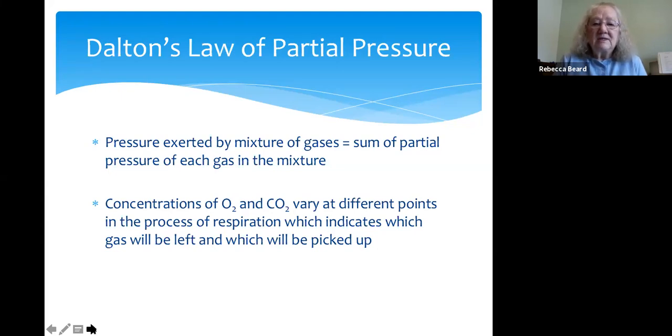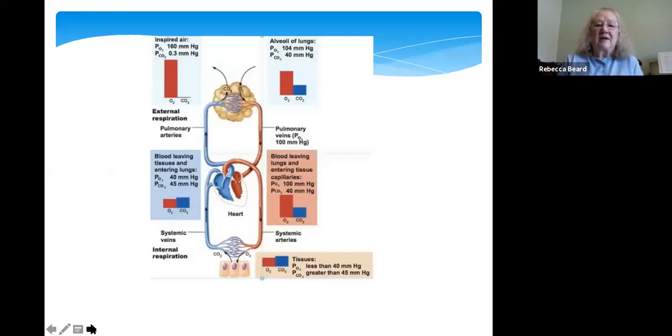So the particular gases that we look at when we're talking about the respiratory system, of course, are oxygen and carbon dioxide. And these concentrations are going to vary at different points in the process of respiration. And all of this indicates which gas will be left in the bloodstream and which will be picked up. Well, maybe not left behind wherever it is, and which will be picked up. Okay, so you have a diagram like this. I think it's figure 14.8 in your book, where it talks about the partial pressures.